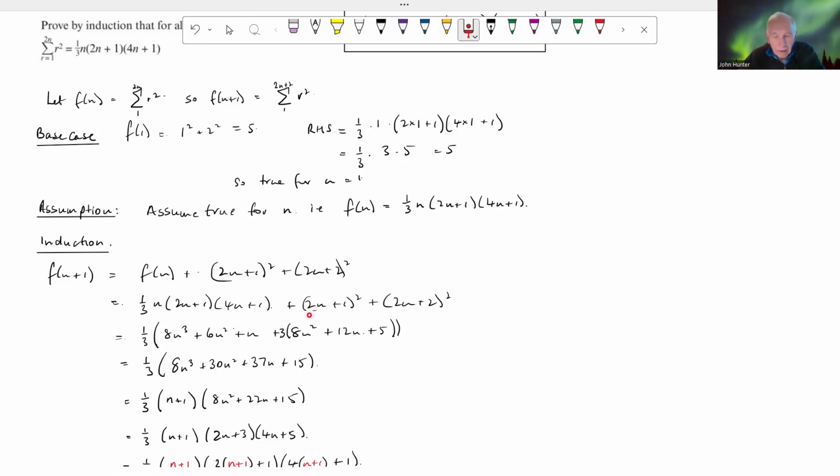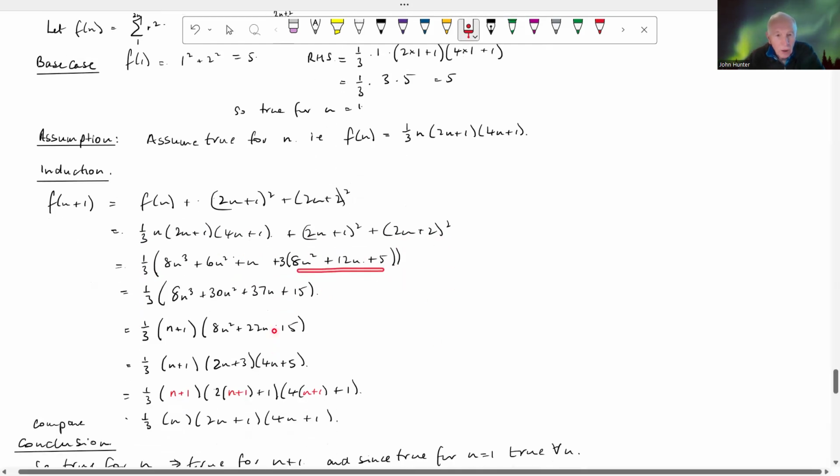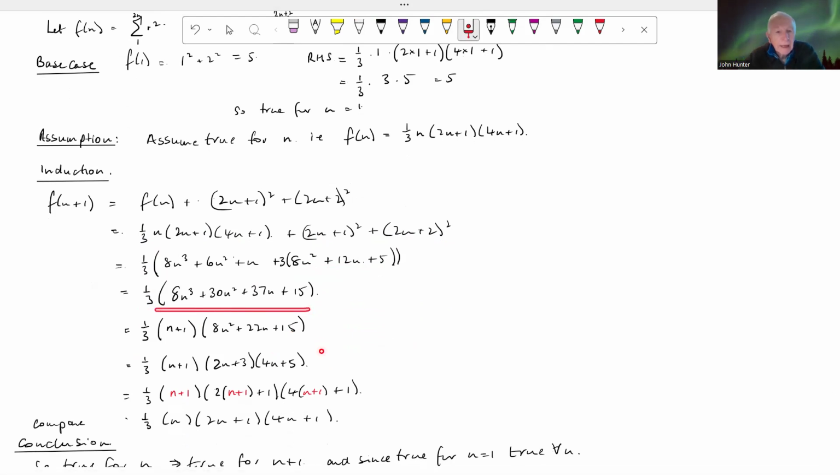And what I've done there is maybe skipped a step and worked that through into this. So the total of this parenthesis is going to be equal to that. And then I've just factorized it, taking out n plus 1 because I can see we're going to need n plus 1.